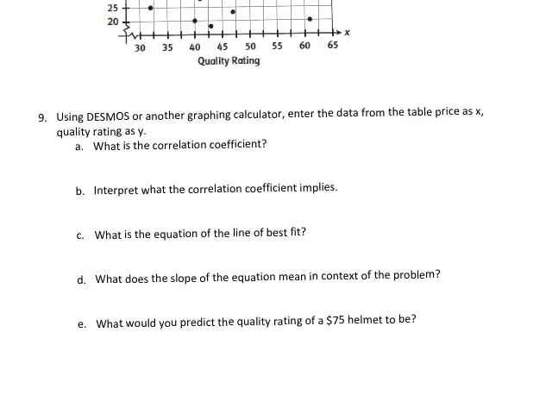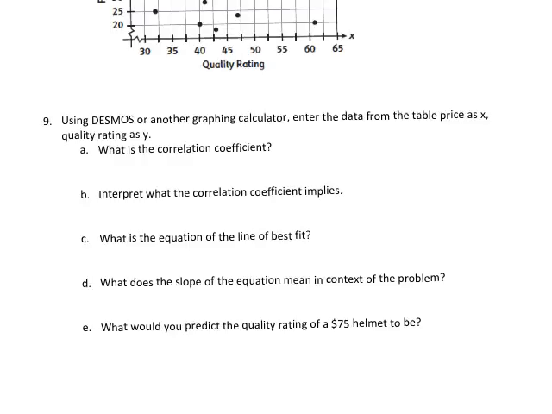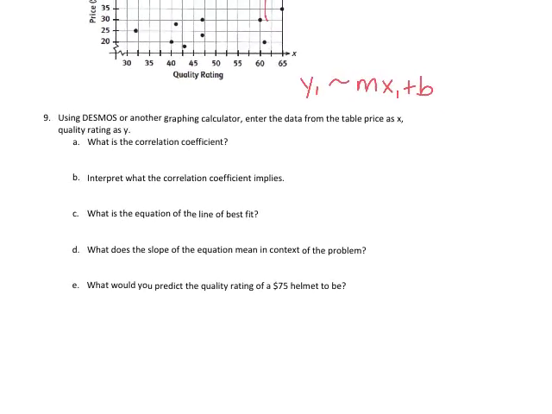Okay, so just as a very fast recap, we went to Desmos. We input our table. We use the equation y1 is approximate to mx1 plus b. When we use that approximation equation, Desmos spits out information for me, right?